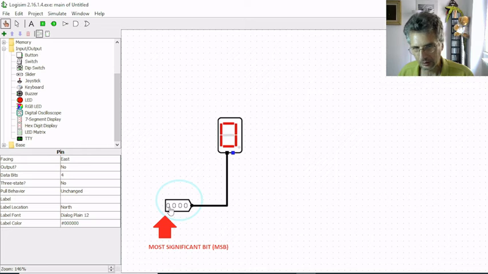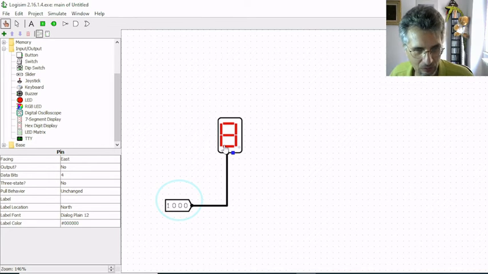For example, a 1 here is just a 1, but if I put a 1 here, this is the number 8. So, like in the decimal system, the digit which stands on the left is heavier, more important than the digit that stands on the right.